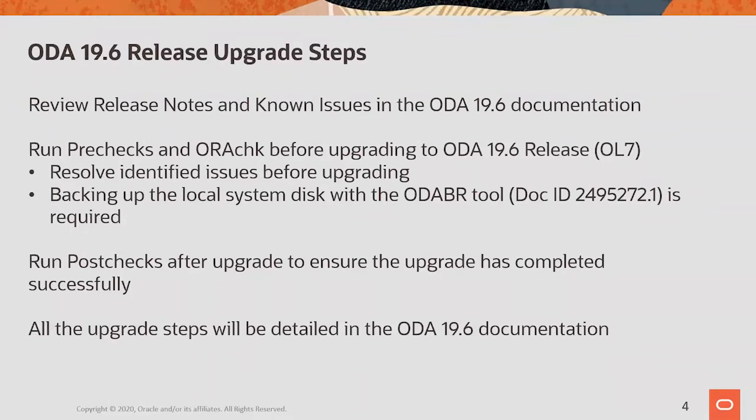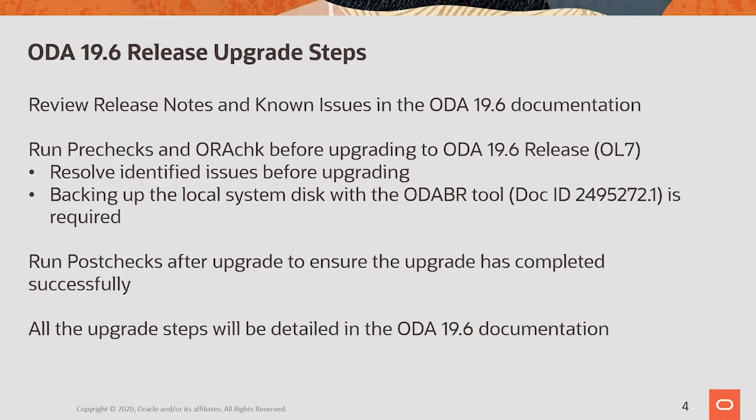What happens is it will run through a bunch of checks to make sure your environments are ready for the upgrade and identify any issues, and will generate a nice HTML report that you can look at, making sure that you can resolve those issues identified by pre-checks and AuraChecks before you do the upgrade. So this will avoid or minimize any issues you will run into during the upgrade.